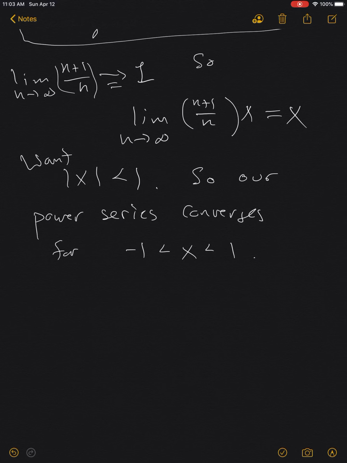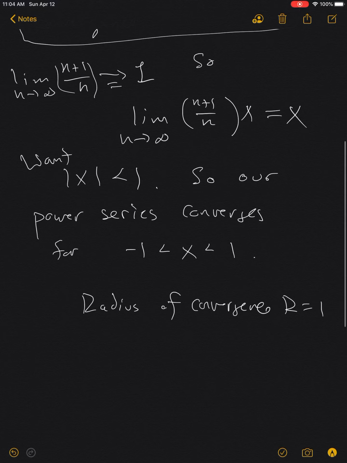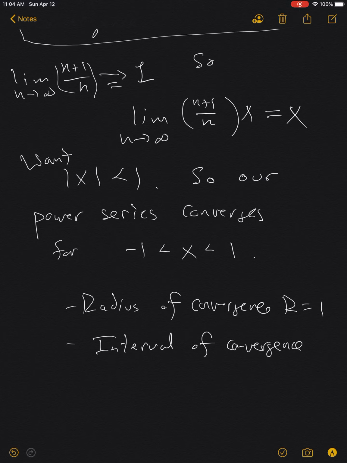Specifically, since this was a power series in x, this implies what we have here. So our radius of convergence is 1, as we're looking at the interval centered at x equals 0, and then our interval of convergence is the interval from minus 1 to 1.